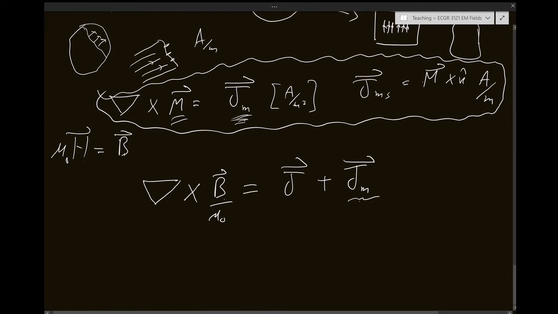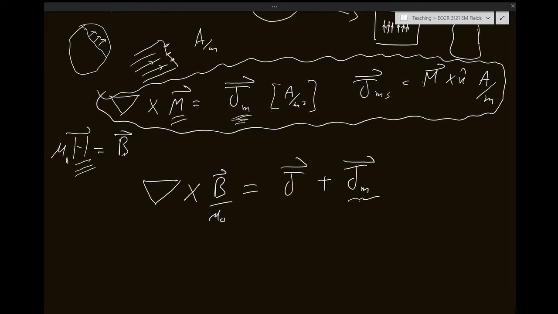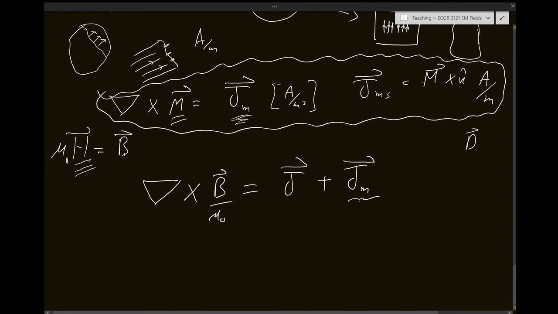I want to put in B instead because I don't want to have the old H. I want to define a new H that has embedded in it the properties of the material, in the same way that I defined a new D that has embedded in it the properties of the material.